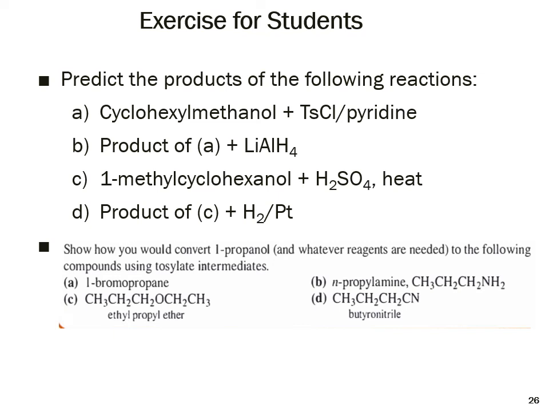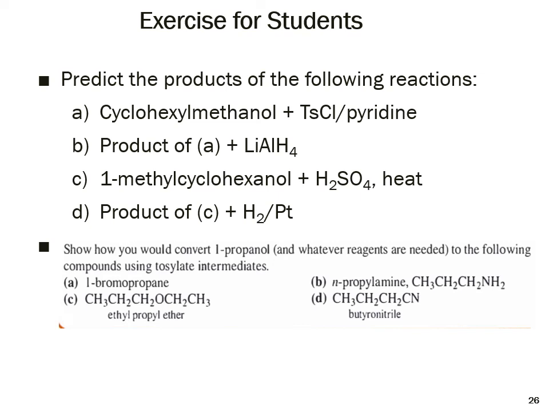In the second question, you have to show how you would convert 1-propanol, considering what reagents are needed, to the following different compounds using the tosylate intermediate. This is the practice about the tosylate intermediates, which I showed you earlier. That slide is important and you will need it for the exercise questions. You have to prepare these 4 different products.